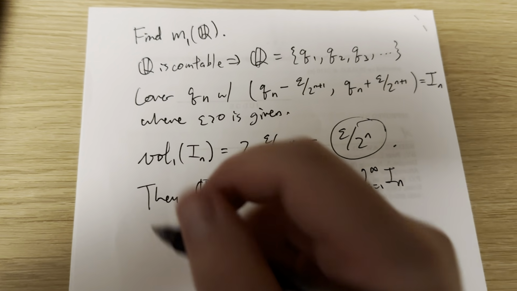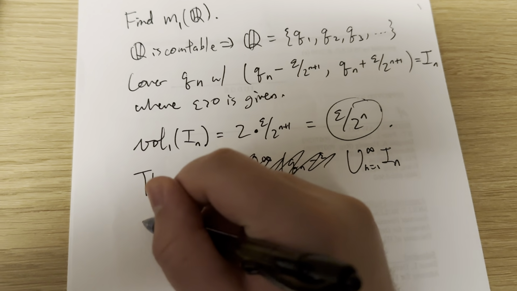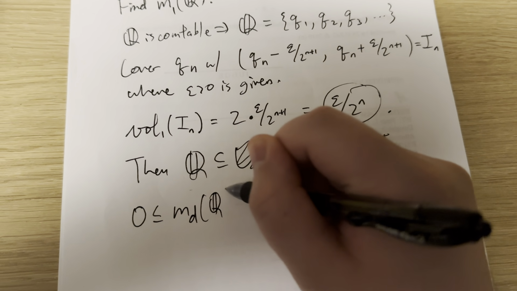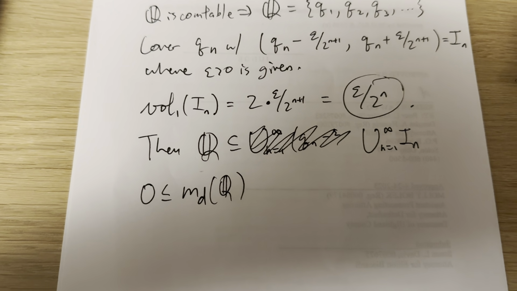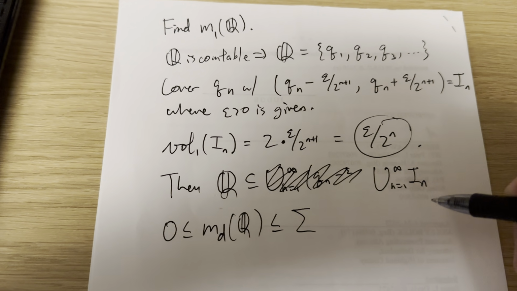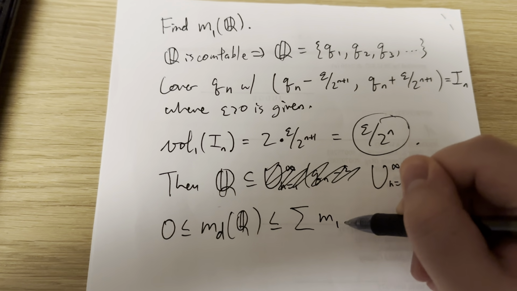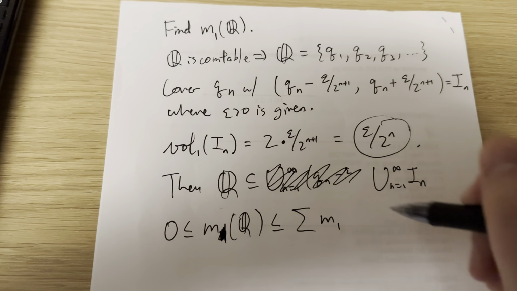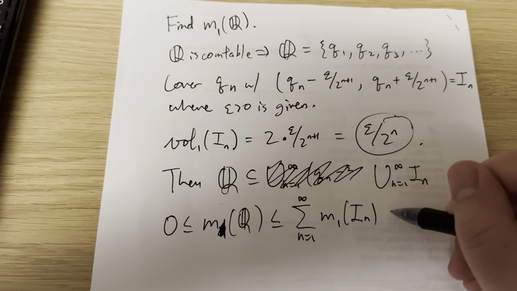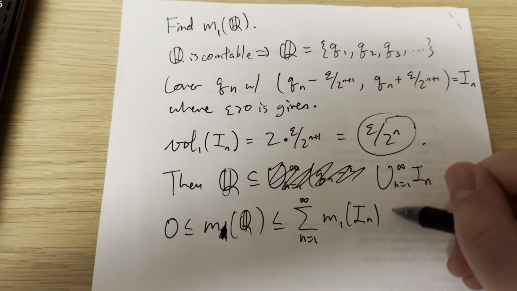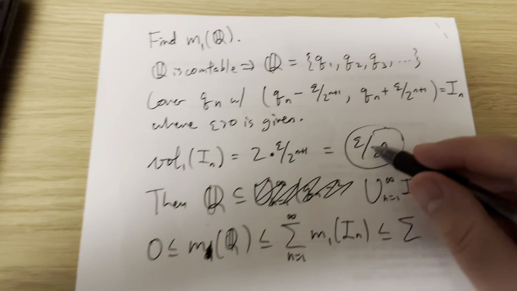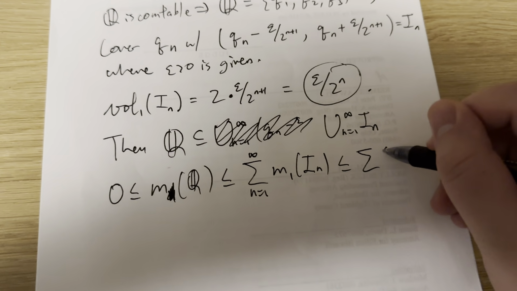And then I use the countable subadditivity property. So we know that the measure, whatever it is, of Q has to be bounded below by 0 by definition. But by countable subadditivity, it's bounded above by the sum of the one-dimensional measure of I_n, n equal 1 to infinity. And that is less than or equal to the sum of epsilon over 2 to the n.